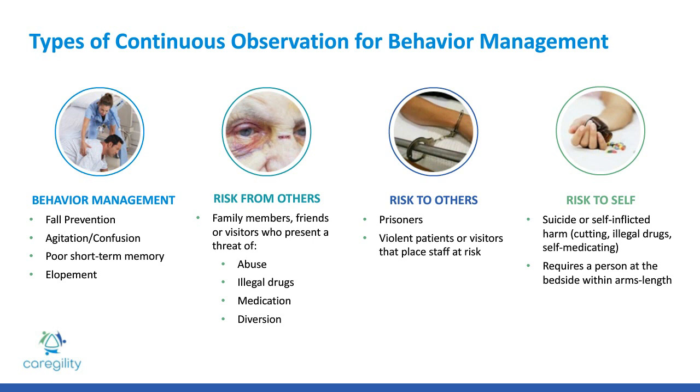And again, there's also risk to self. So suicidal or self-harm can also be a use case for virtual observation as well. When we talk about risk to self, we'll get into a little bit more around that with some legal considerations when it comes to that use case.